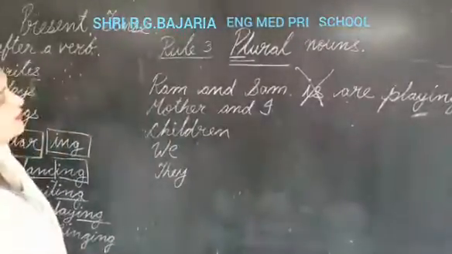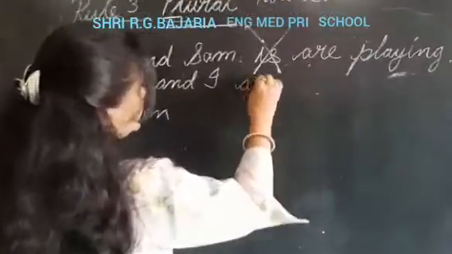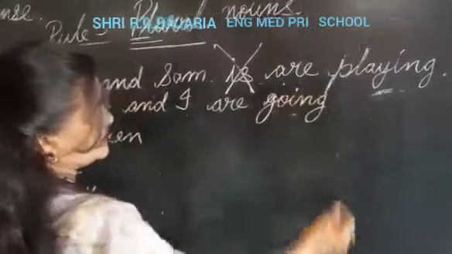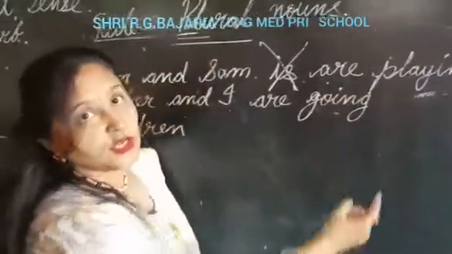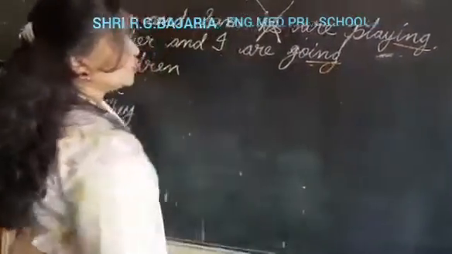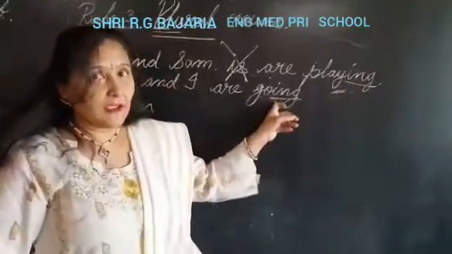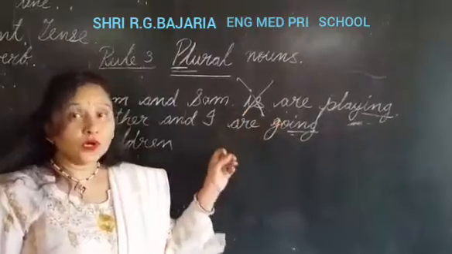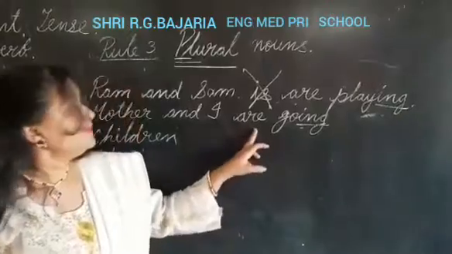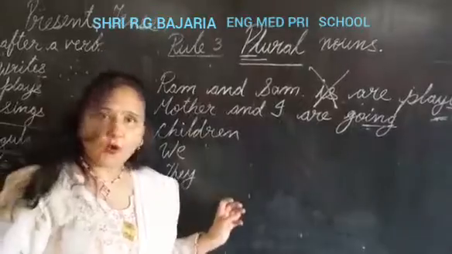Plural nouns. Alright. Mother and I are going to the market. Now here also to the verb I am adding ing. Go, play, I am using playing, going. But before the verb I am using the word are, because my nouns are in a plural form.